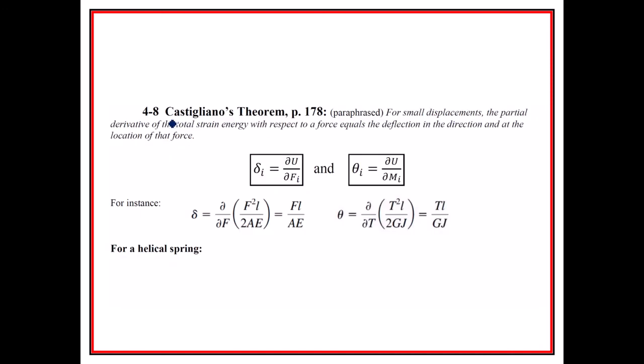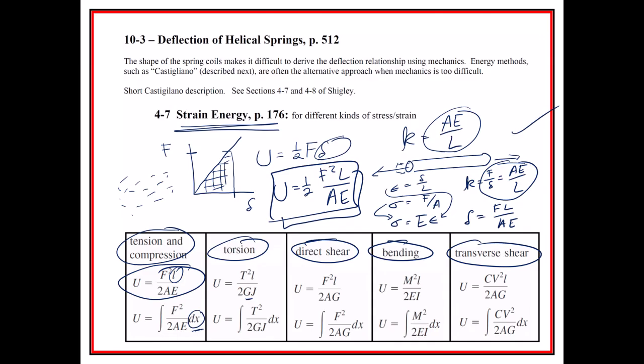Well, it turns out Castigliano's theorem will use that idea. And the basic idea, it's the simplicity in itself, right? The strain energy, or a little increment of strain energy, is going to be F times d del, right? So for every incremental amount, the deflection is going to be the partial derivative of U with respect to the partial derivative of the force.